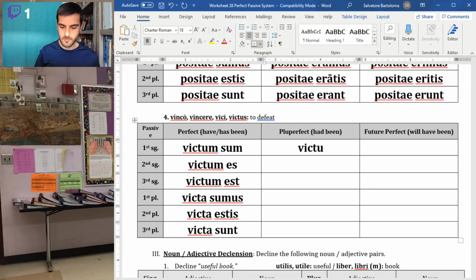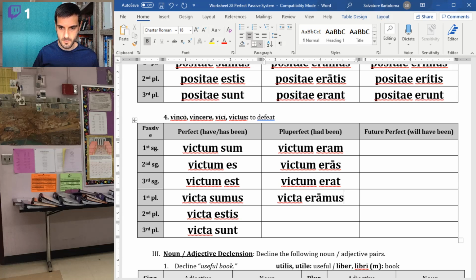Again, same form for the participle, victum, except now we're going to pair it with eram, victum eras, victum erat. Once it becomes plural, victa eramus, victa eratis, and victa erant.